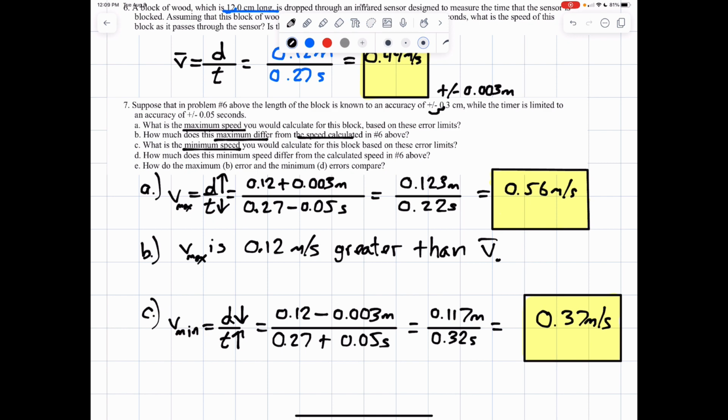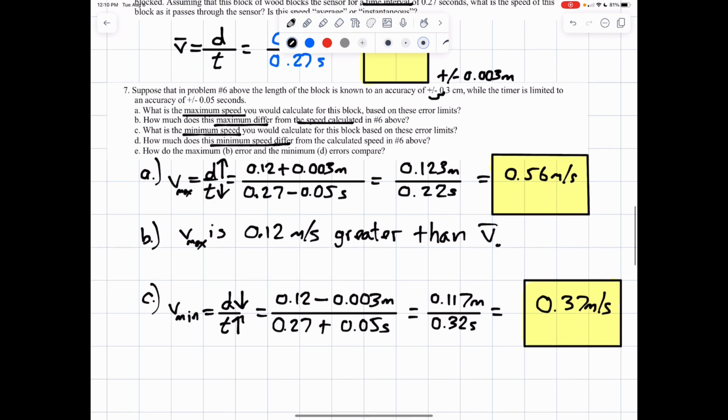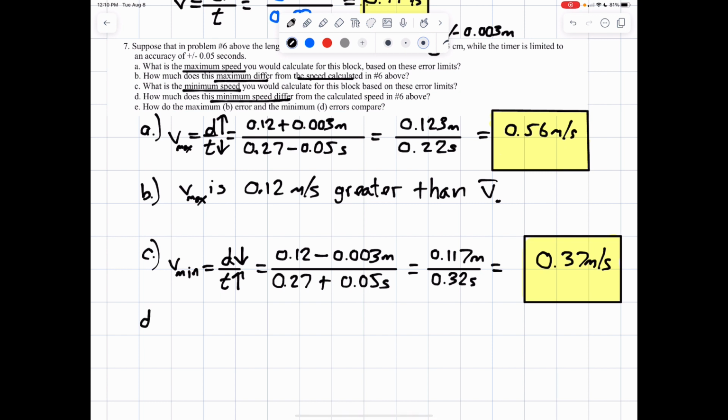Okay, how does the minimum speed differ from the calculated speed above? Well, we can see for part D, V min is 0.37. So now I'm going 0.44 minus 0.37. You can see that V min is 0.07 meters per second less than V bar.